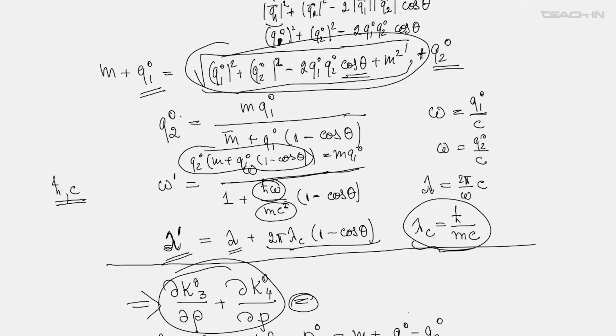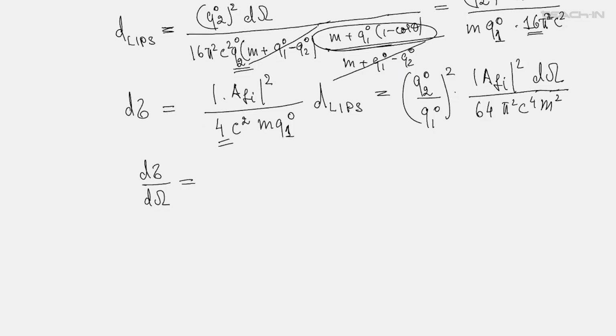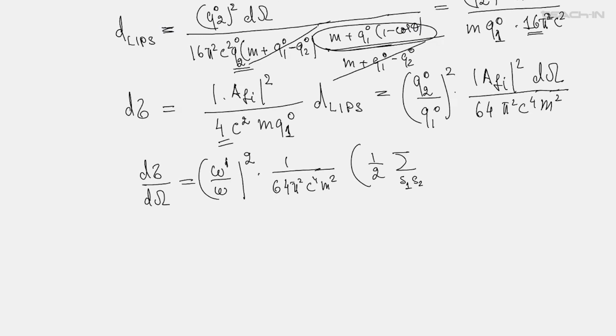So omega prime divided by omega squared multiplied with 1 divided by 64 pi squared c4 m squared. And then, as I said, if you are interested in unpolarized electrons, you sum over S1 and S2 this square of the amplitude, and you divide the result by 2.